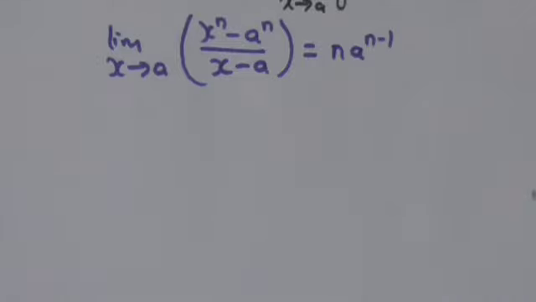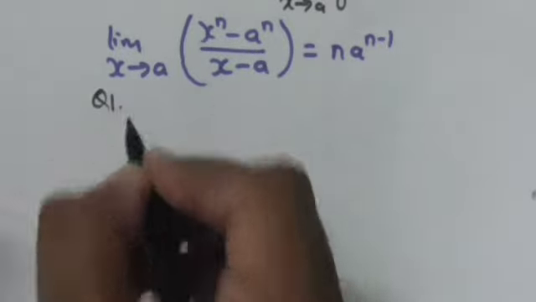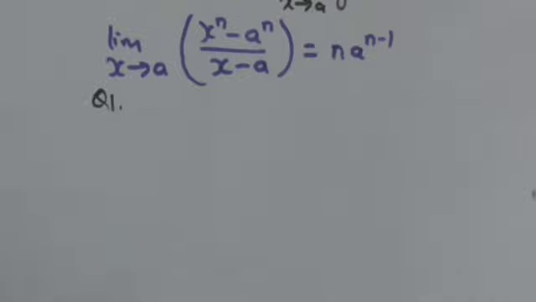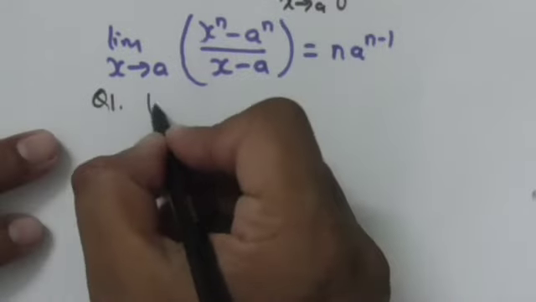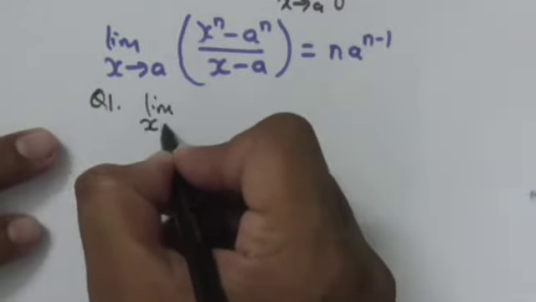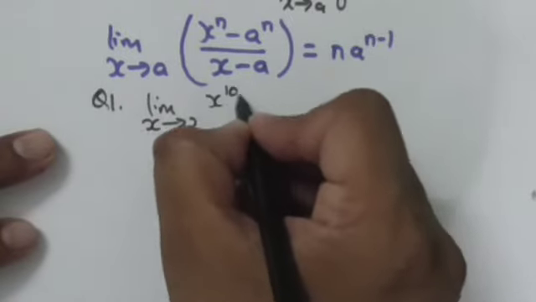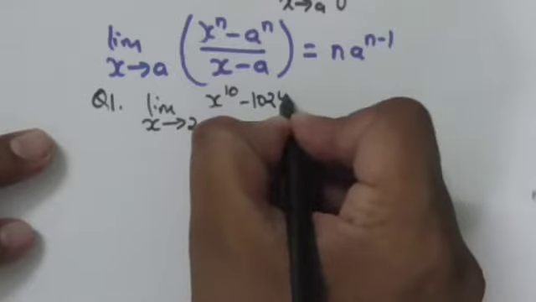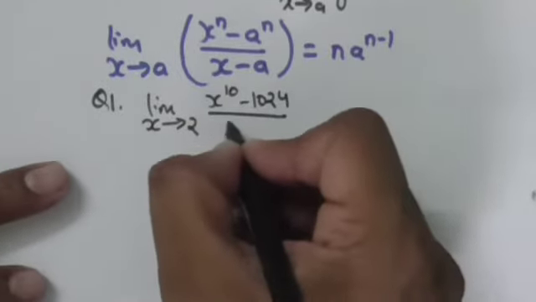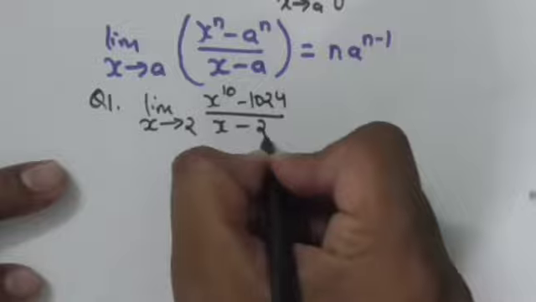So let us solve some questions based on this theorem. See, first one is limit x tends to 2, x raised to power 10 minus 1024 upon x minus 2.